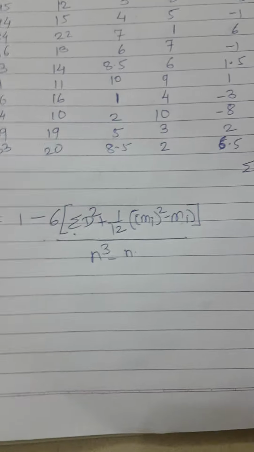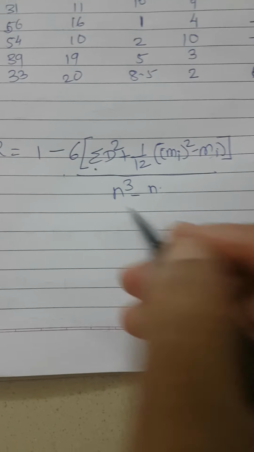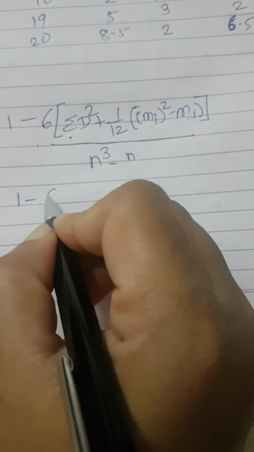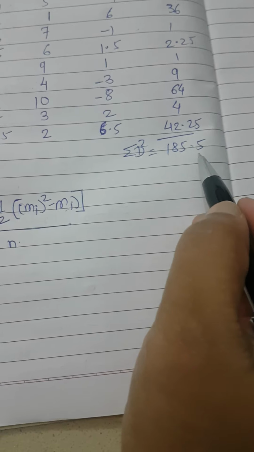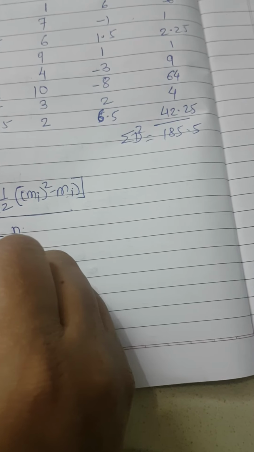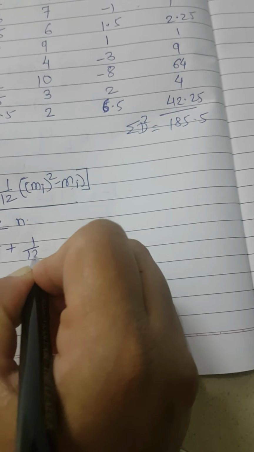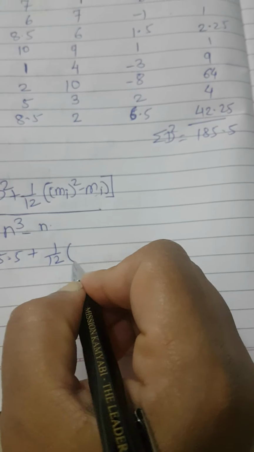Now let's substitute all these values in the given formula. So R is equal to 1 minus 6 into the summation of d square, which is 185.5, plus 1 by 12 into mi cube minus mi.